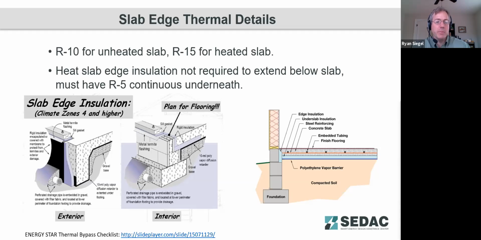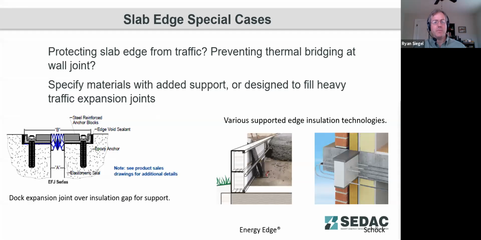Again, wanting to provide that thermal break between the unheated ground and the heated slab, so that thermal break helps encourage the heat to enter the space rather than rejecting into the ground underneath. So that R5 we need to add to the edge if we have a heated slab, and then also extend R5 continuous under the whole slab.